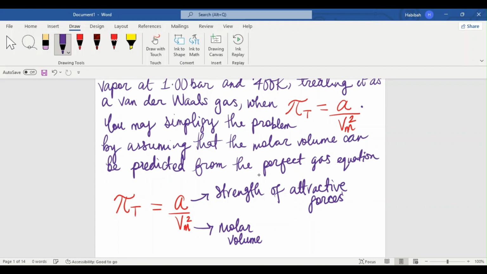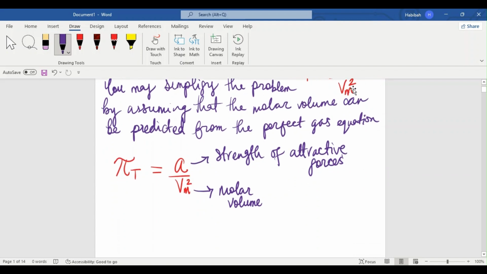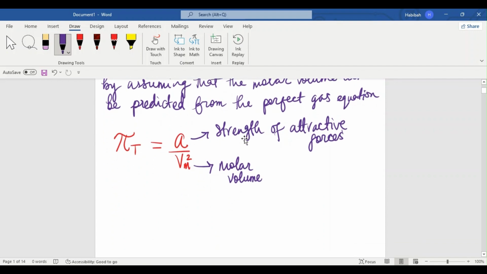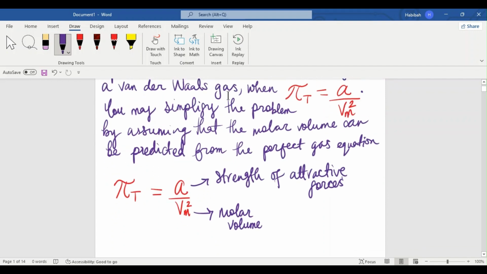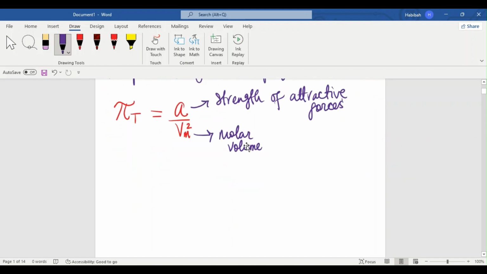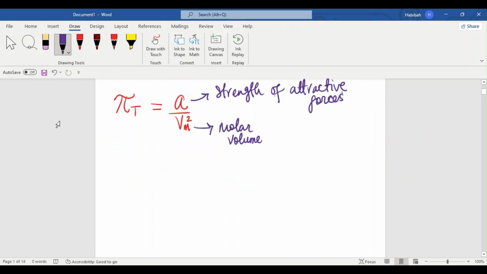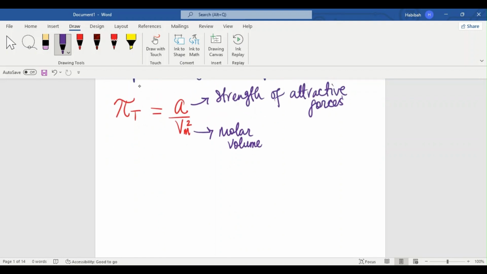So basically, we're dealing with a real gas here. But they told us that in order to determine the molar volume, we can use the perfect gas equation to simplify the problem. Meaning, even though it's a real gas, we're going to be using the ideal gas equation just to determine the molar volume. So we have to remember that Vm is the same thing as RT divided by P, right?